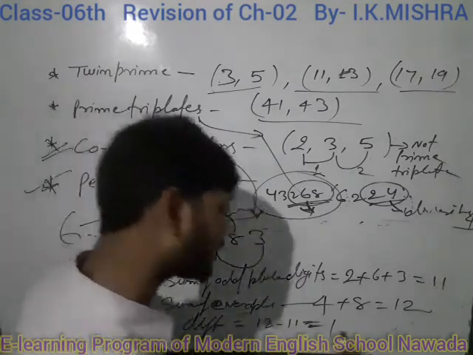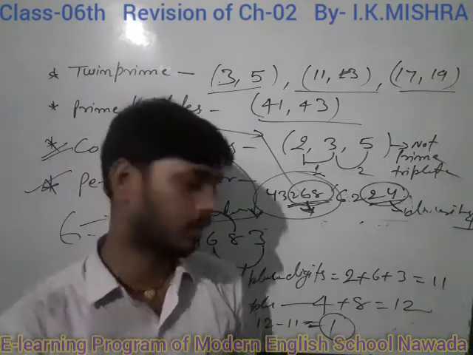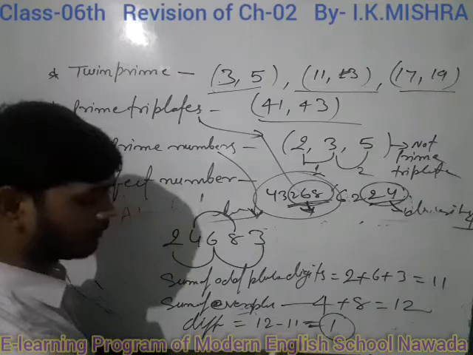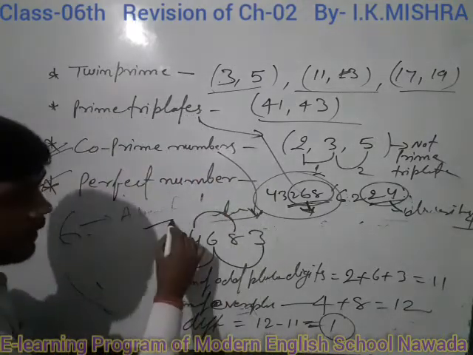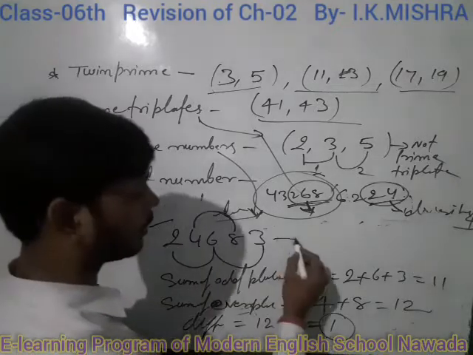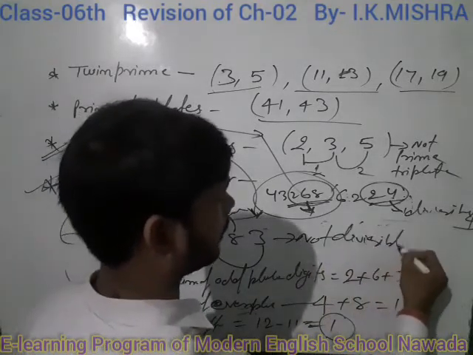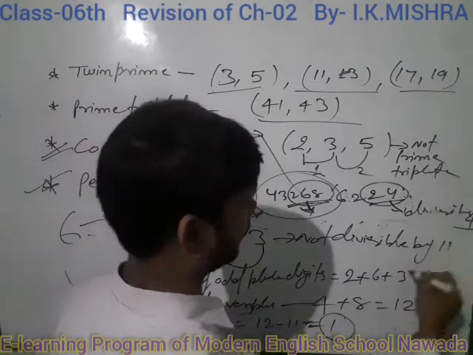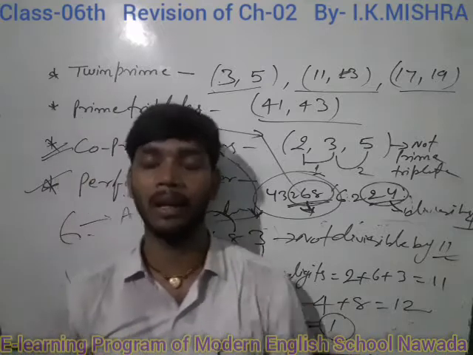That means the difference is 1, not equal to 0 or a multiple of 11. If the difference is 0 or a multiple of 11, then the number is divisible by 11. Here this number is not divisible by 11. Students, here I discussed all the divisibility rules from 2 to 11.